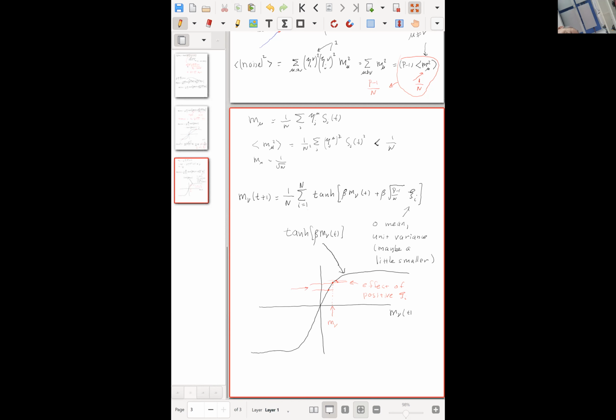This is the effect of negative squiggle I. And as you can see, because this curve is concave, because it curves downwards, the effect of negative squiggle I is bigger than the effect of positive squiggle I. So this is bigger, and this is smaller.